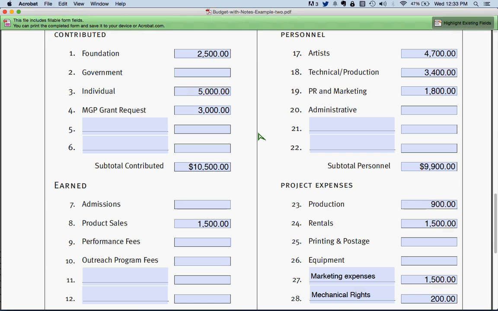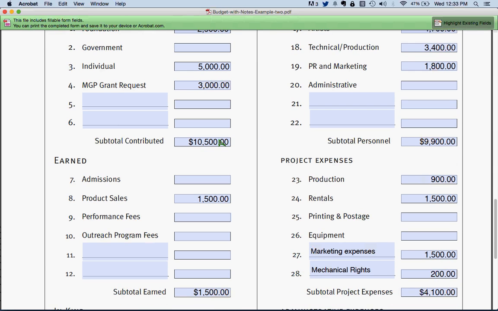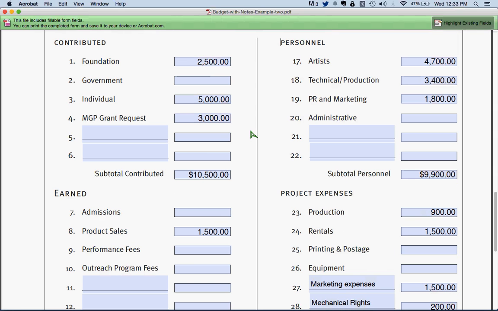Again, it looks like we've got $10,500 here on the contributed income side. So they are projecting some pretty heavy contributions from individuals and a pretty significant contribution from foundations, as well as the MGP grant request.